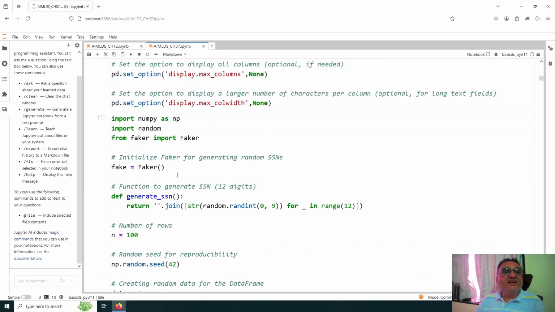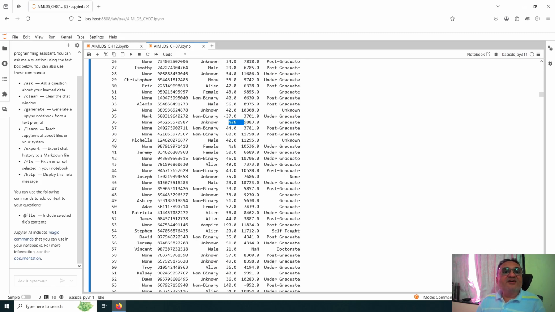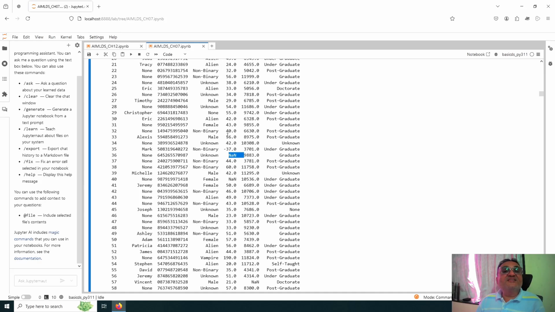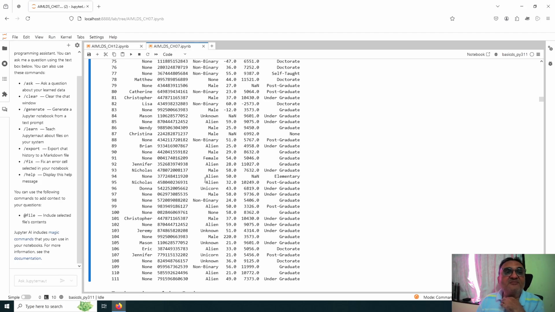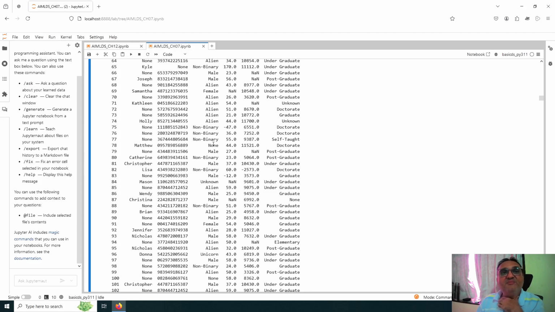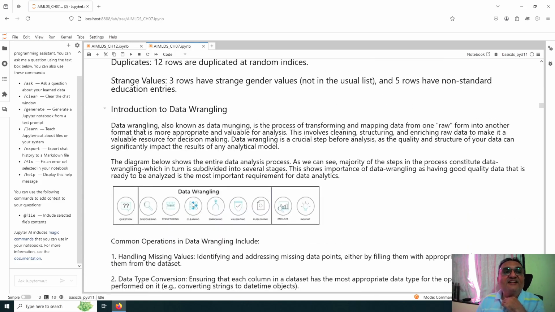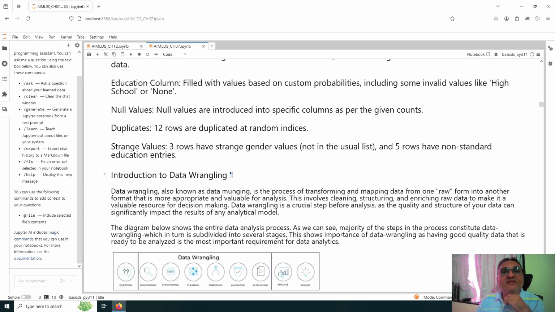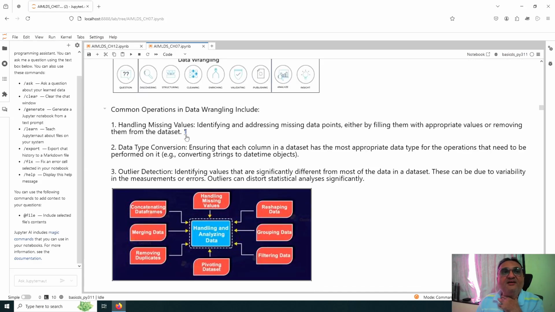As we have already done all these things, we created a fake data set in which there were some null values like this, and even some invalid values. For example, the gender column should have only male and female, but there were some values like non-binary and alien and unicorn. So we cleaned our data and we kept only those values which are rationally possible.